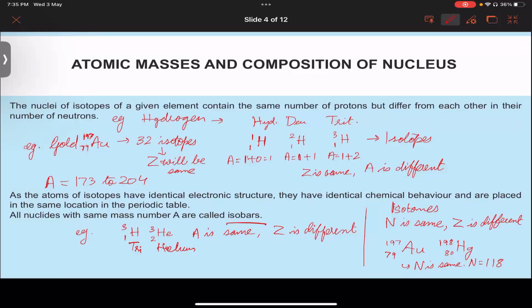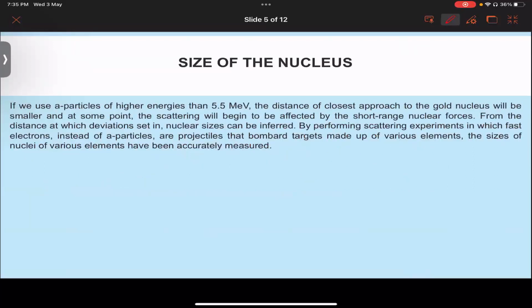So these are called isotones. Now we understood how we can get the mass of the atom, which is equivalent to the mass of the nucleus of the atom. We also learned that along with protons, there are other elementary constituents called neutrons, which differ in number from the protons and give us the difference in the atomic masses.